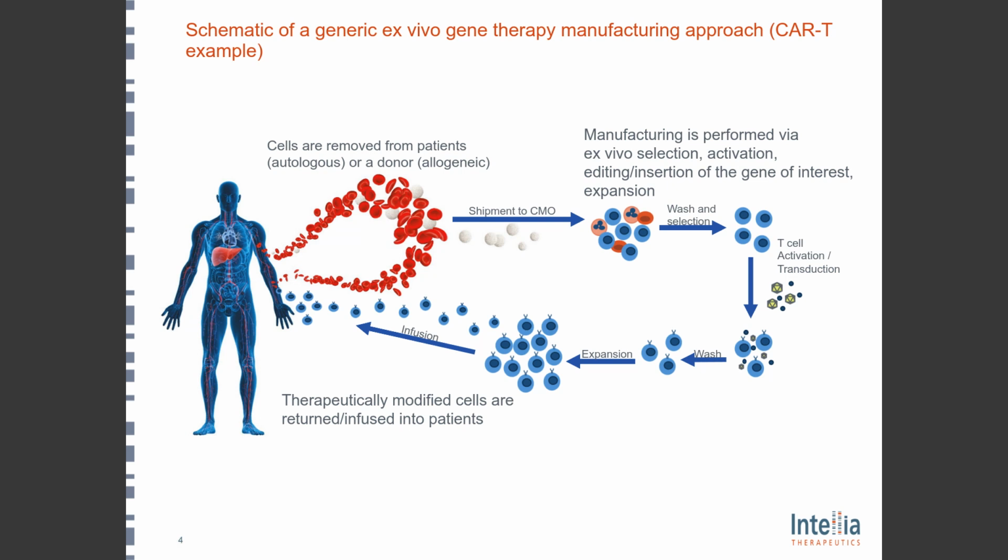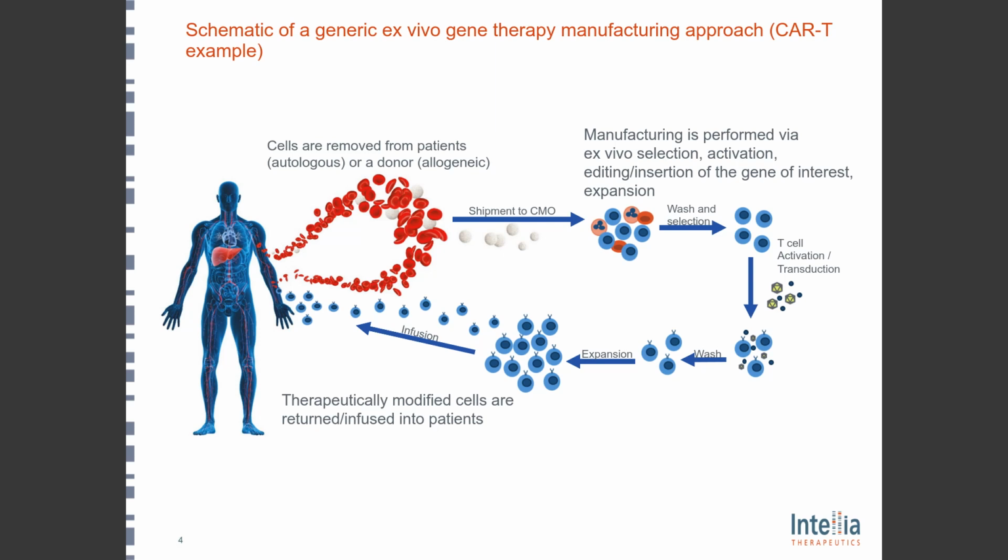So you'll have a selection for your T cells, and then there's an activation and transduction process wherein your viral vector, in this example anyway, is added to the cells. And after that, there's a wash, an expansion, and I don't show it here, but generally a cryopreservation prior to infusion into the patients.